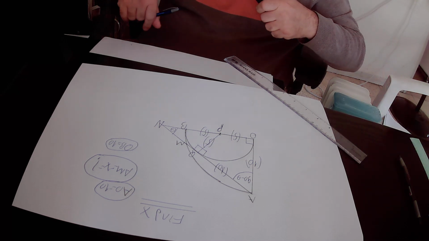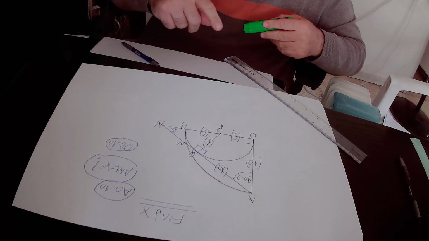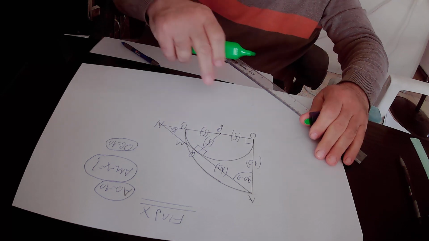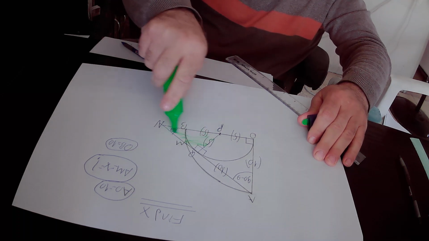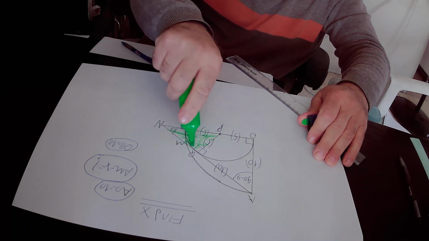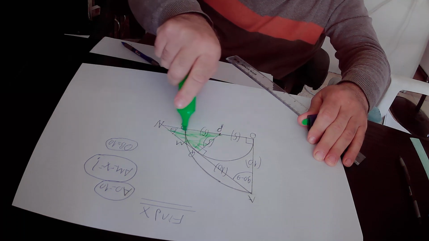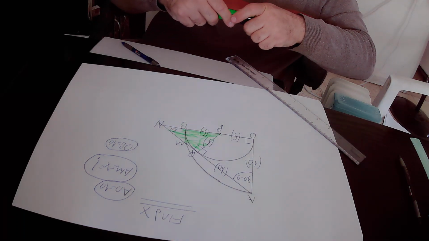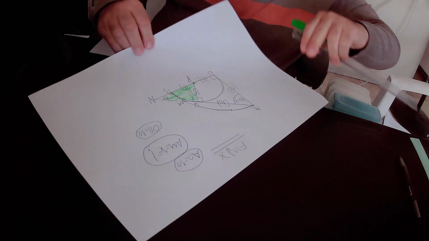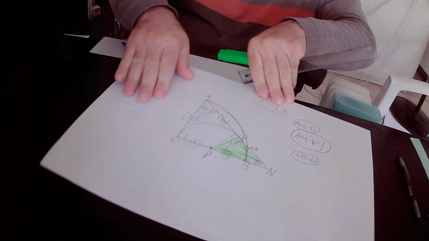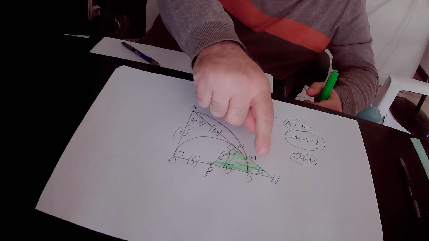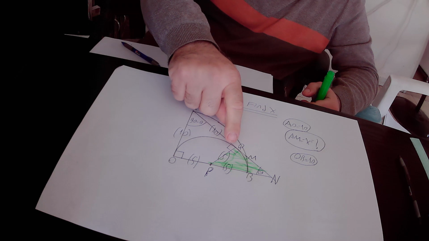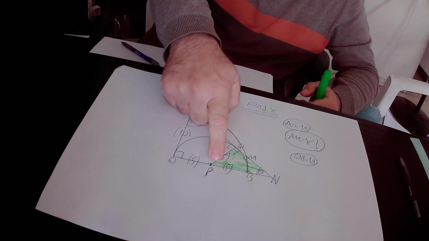Likewise, we focus on the right small triangle, triangle PQN. In the right green triangle, triangle PQN, this angle equals theta, this angle equals 90 degrees, therefore the missing angle here must be equal to 90 degrees minus theta.